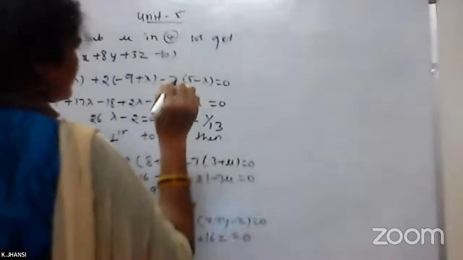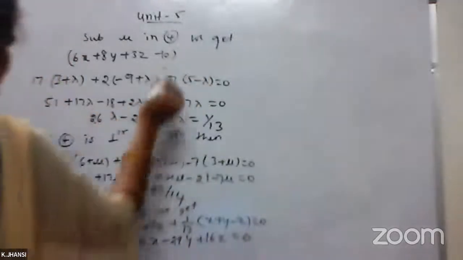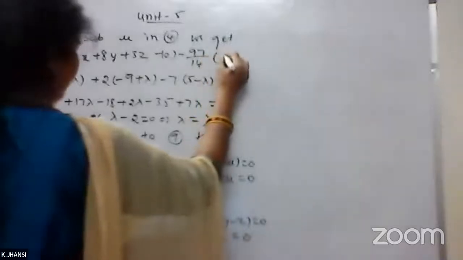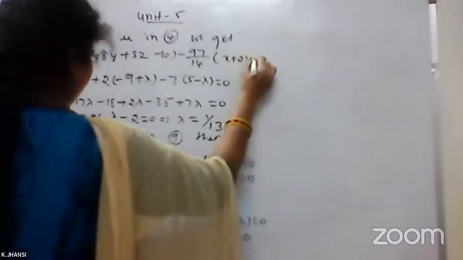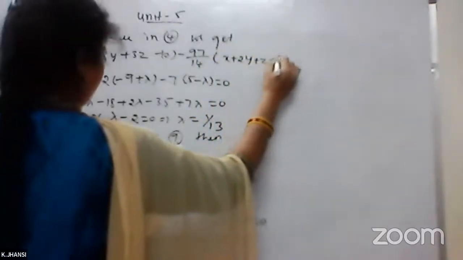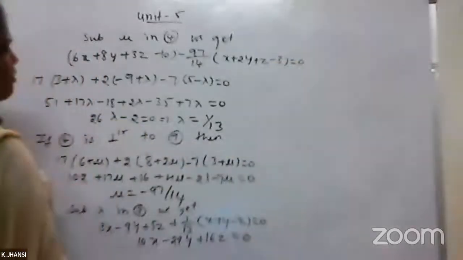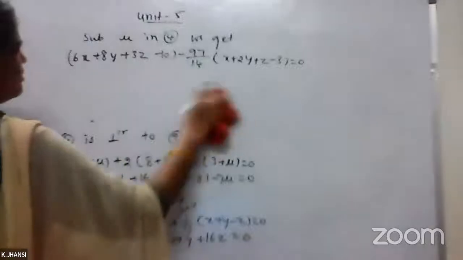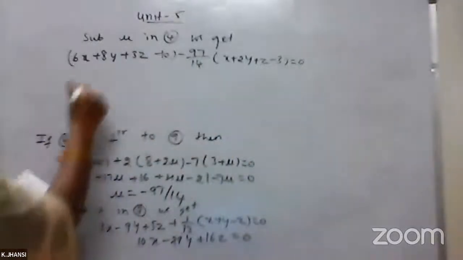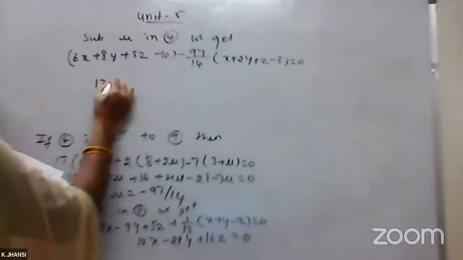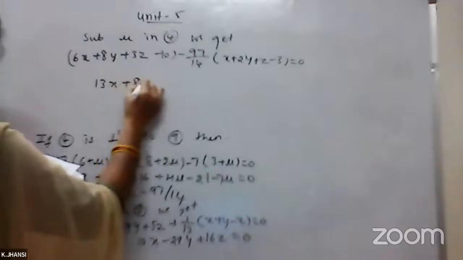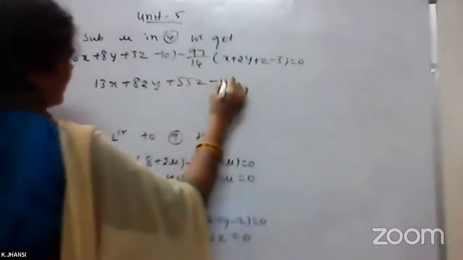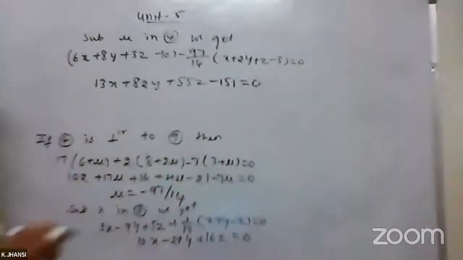So minus 97 by 14 into x plus 2y plus z minus 3 equals to 0. So if you simplify this, you will get it as 3x plus 82y plus 55z minus 151 equals to 0.